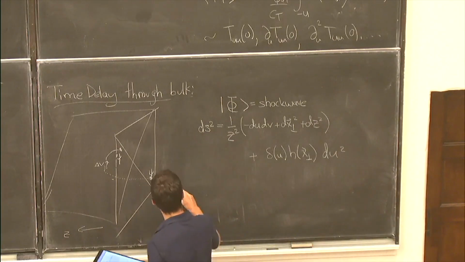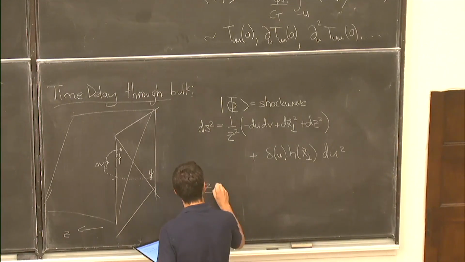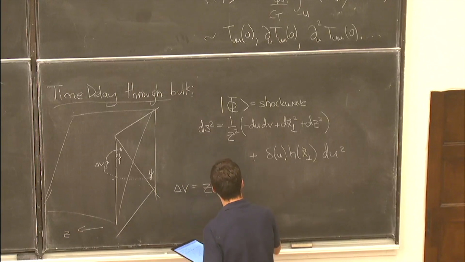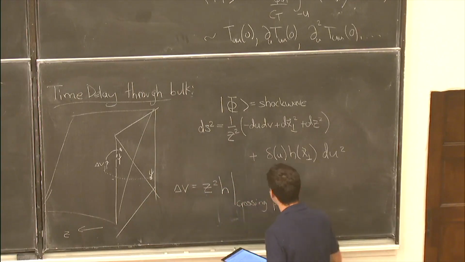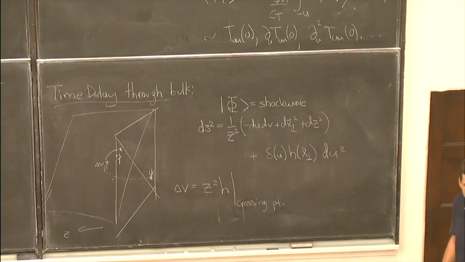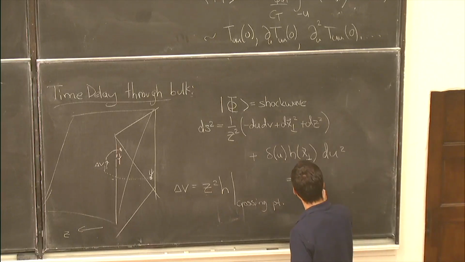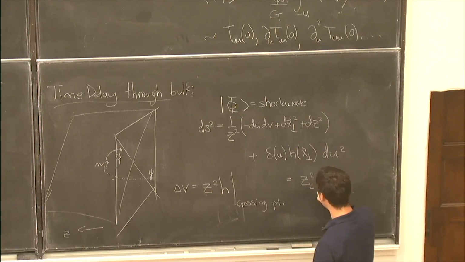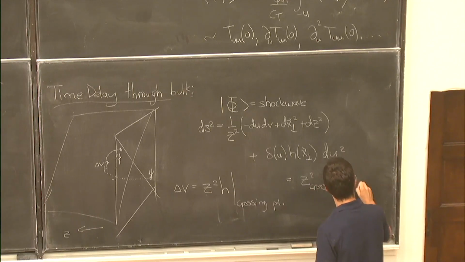The amount that it jumps by, delta v, is z squared h at the crossing point, where the point in the bulk where it crosses that shock wave, which is the same as z crossing squared times the integral du h_uu.